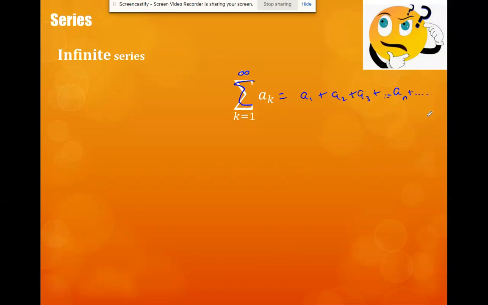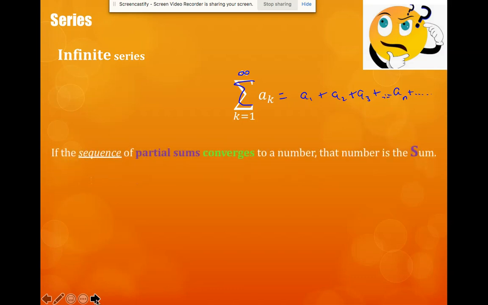I keep going forever and ever. It's an infinite series. You are adding terms forever. And what I want to know is, are the numbers I'm adding getting smaller and smaller, so infinitesimally small, that my sum reaches a boundary?